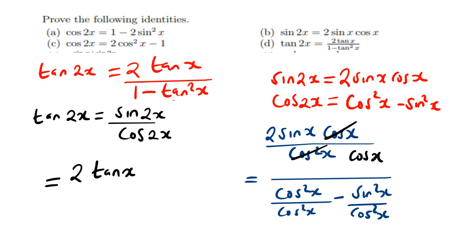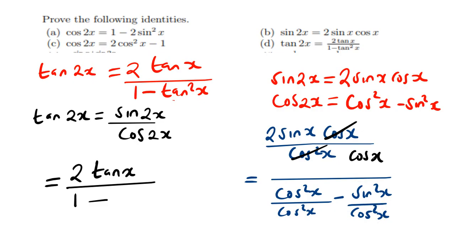Over, I come down, cos squared x divided by cos squared x just gives me a 1. Now there's a minus, I'm also going to put it there. Then I've got sine squared x divided by cos squared x. What am I going to have? Sine over cos is tan, right?